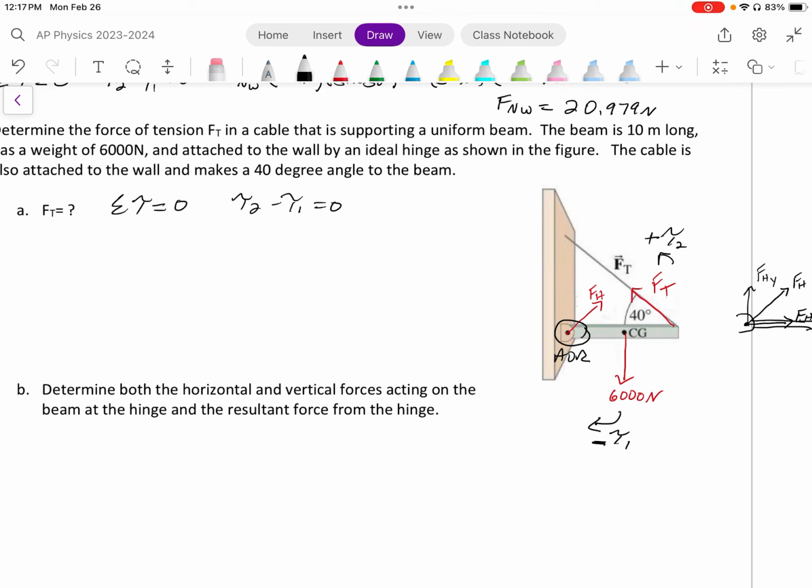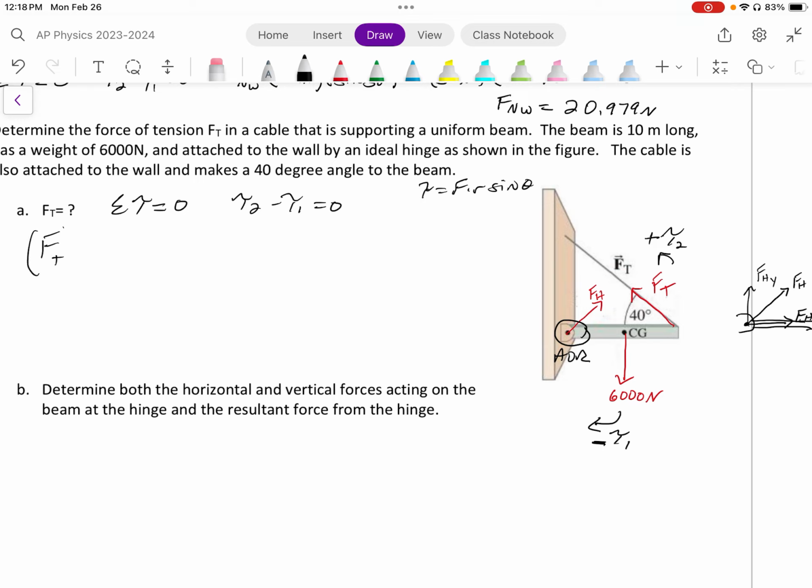Torque is equal to force times distance away from axis of rotation times sine of the angle between the force and the displacement or distance vector r. Okay, so T2 is force of tension. That's what I'm trying to find. Let me go down here.